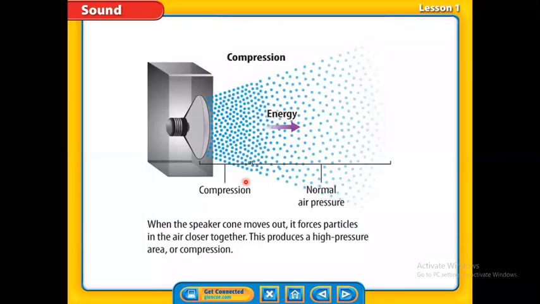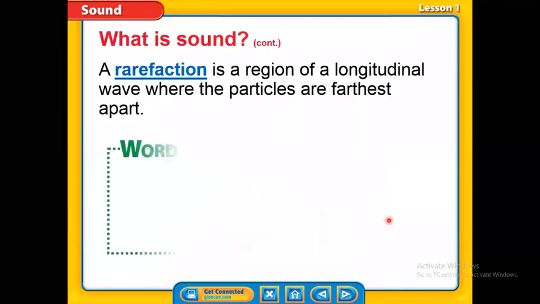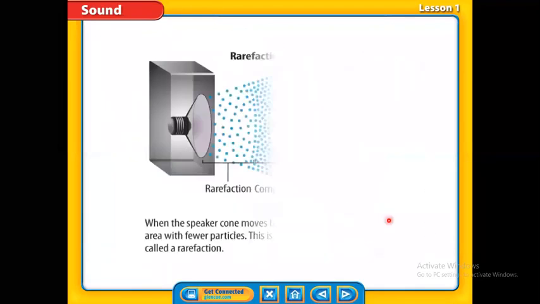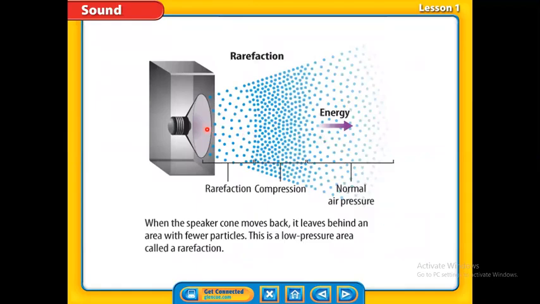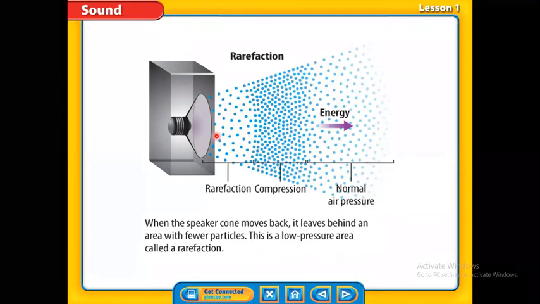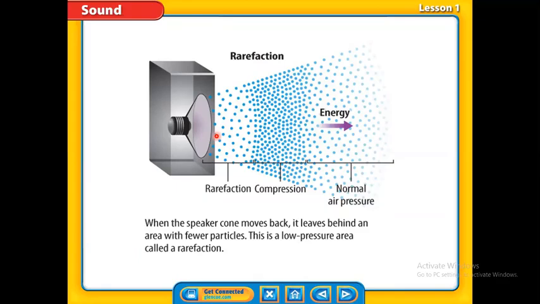Not like the other part, which is the rarefaction here. The speaker moved back, causing the particles to have spaces between them. Can you guys see the difference between the two images?